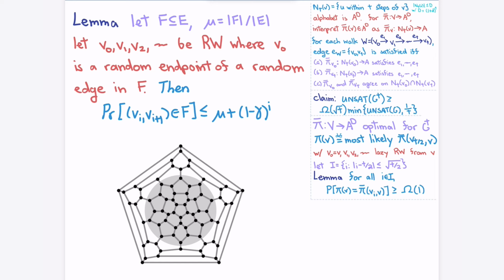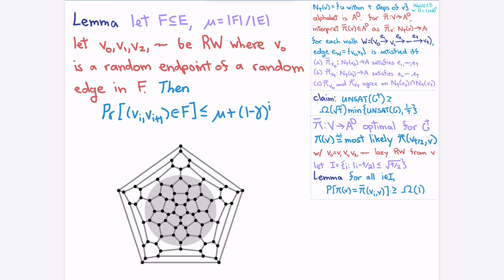So what you're hoping is that if the graph is an expander, then it's as if you completely sampled another edge. That would just be mu, right? If you just sample any edge, that's mu, if it's a completely random sample. Now an expander is not a perfect sample, but it's close, so you pay some additional cost relative to 1 minus gamma.